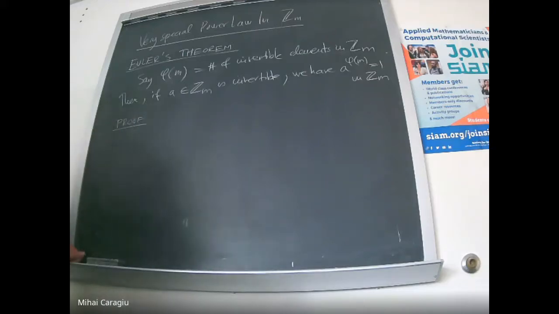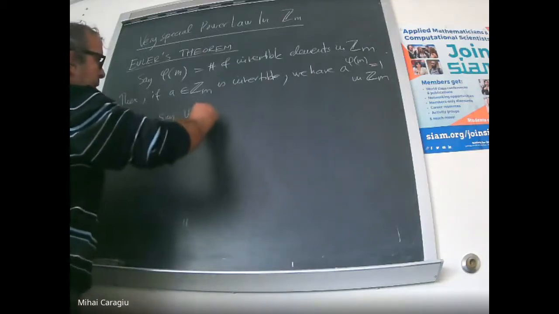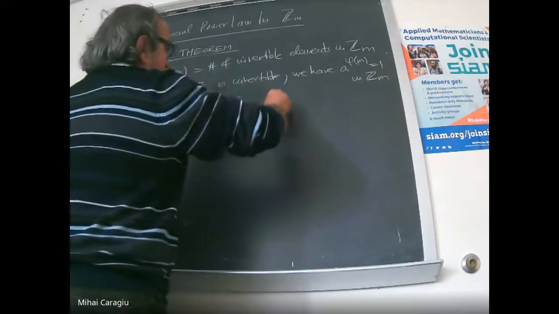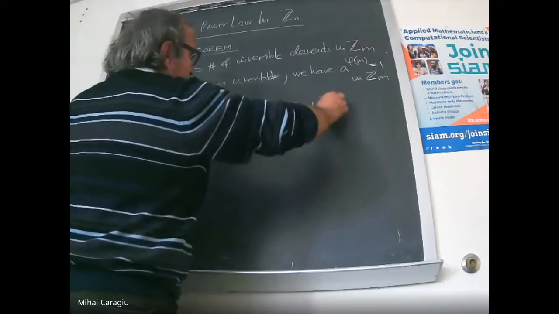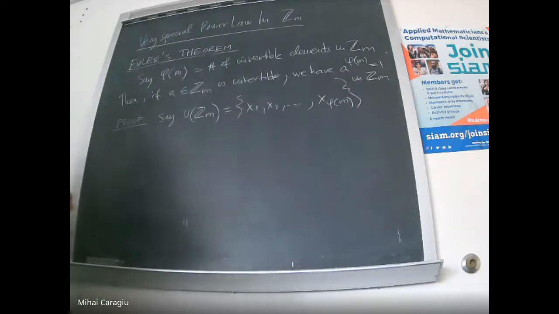Let's denote the set of invertible elements in Zm by U of Zm, as in units of the ring Zm. So U of Zm consists of x1, x2, all the way through x sub phi of m. So let's list all the invertible elements in Zm. We know there are phi of m of them because that's how we define phi of m.